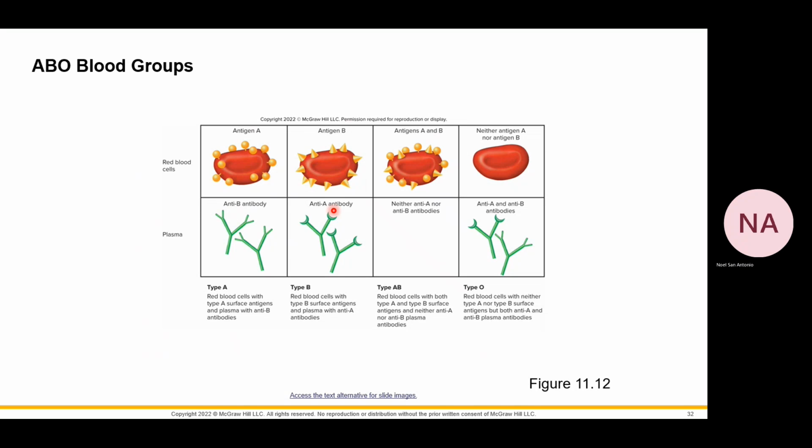Now, if you have both antigens A and B, katulad sa type AB, sabi nga natin, kung titingnan mo naman ang plasma niya, it has no antibodies at all. No? Wala siyang antibodies at all. That is why type AB daw, no, is considered to be the universal recipient.